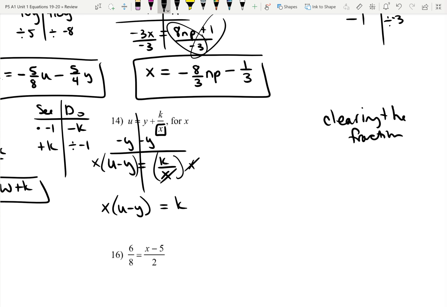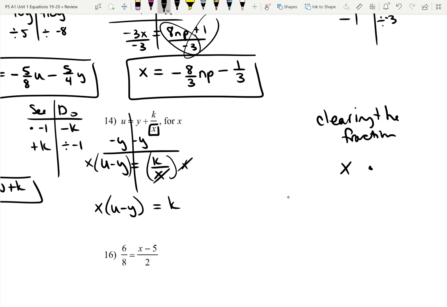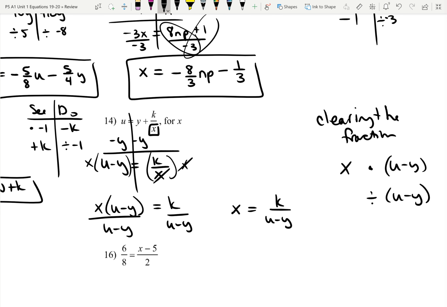If you think about what you would do in the see-do table, you would say x is being multiplied by u minus y, that whole piece. To reverse that, we would have to divide by u minus y. So that's what we're going to do rather than distributing. So that gives us that x is equal to k over u minus y.